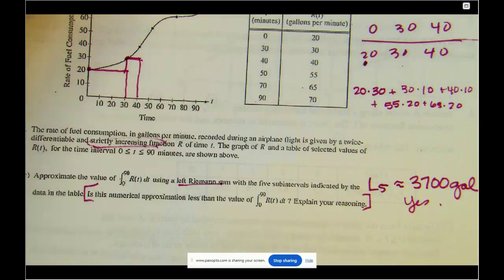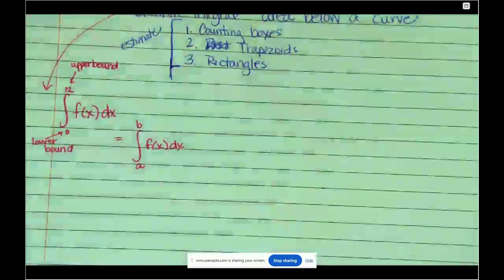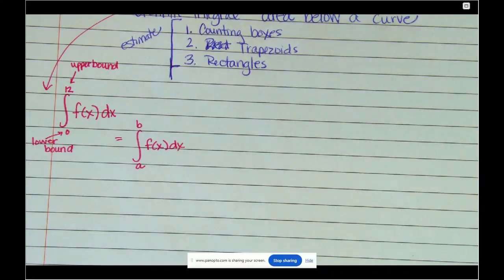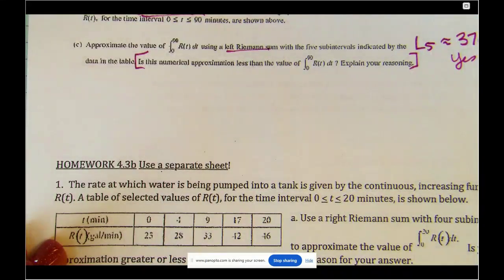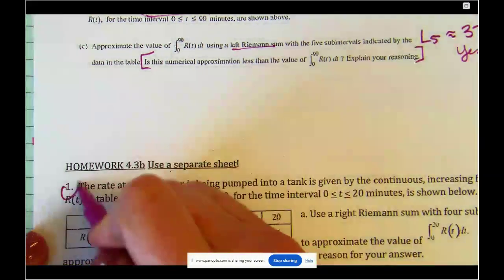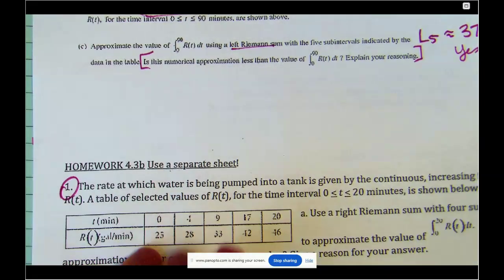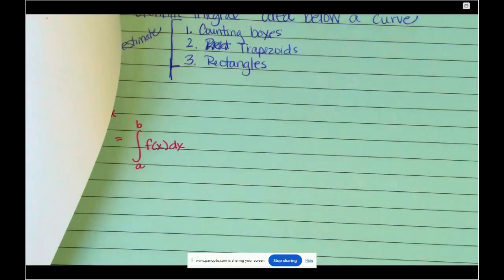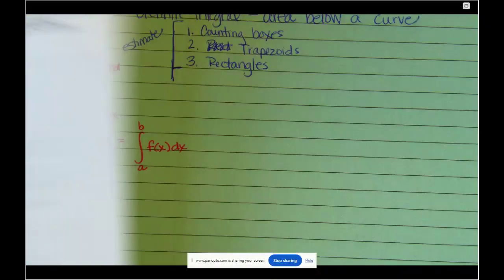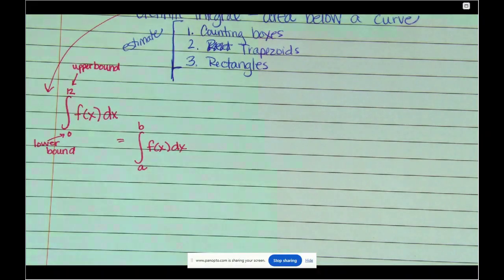Okay, here's what I would like you to do. We're going to be picking and choosing homework from random places. I would like you to do this page, number 1, number 2 and number 3. Guys, no calculator.